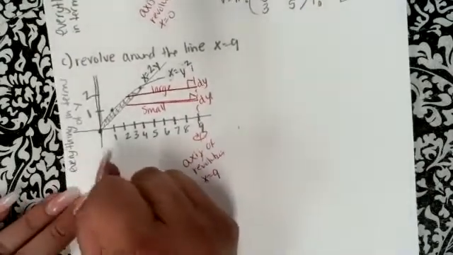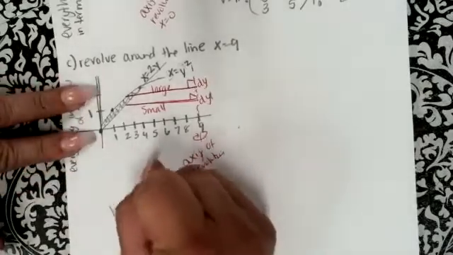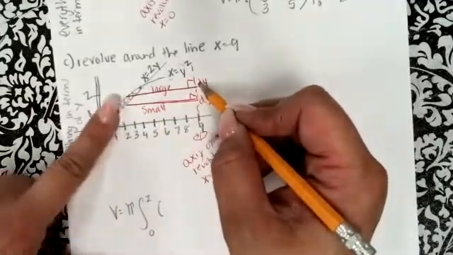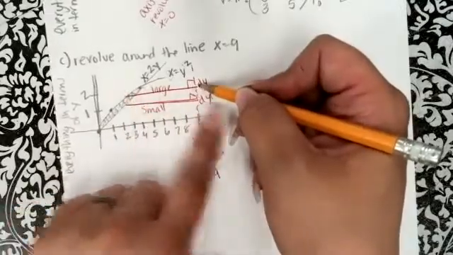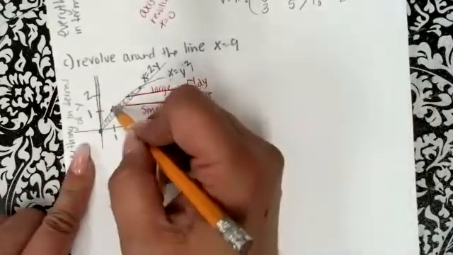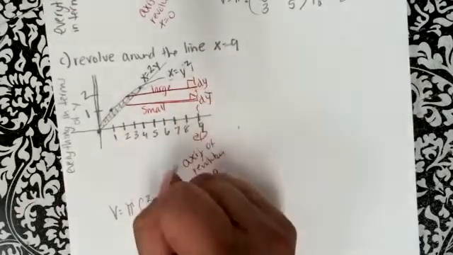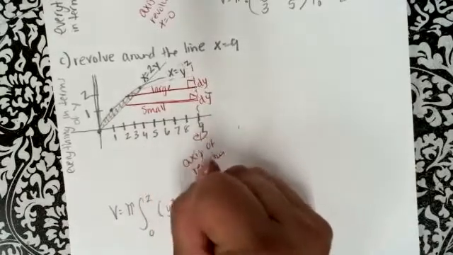So our volume is going to be pi, everything in terms of y. So it's going to go from 0 to 2. The large radius is this one right here, because that's the furthest from the axis of revolution. So look at the furthest, it's going to be this curve, which is going to be y squared, minus axis of revolution, which is a 9.